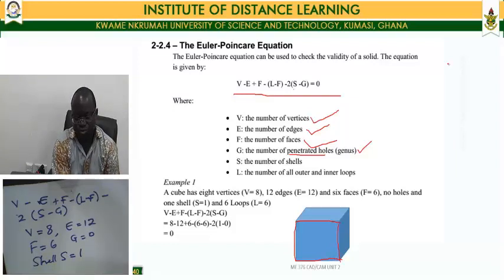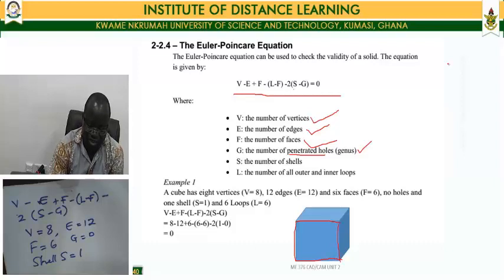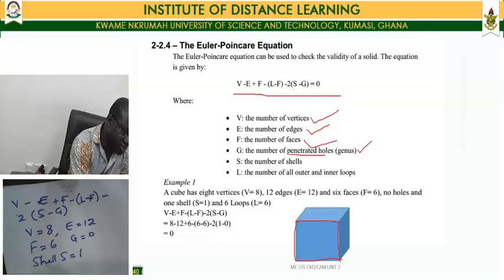For the loops, we can look at this. This is one loop forming the face. This is another loop going around 1, 2, 3, 4 from this face, and we can count as many as 6 loops.